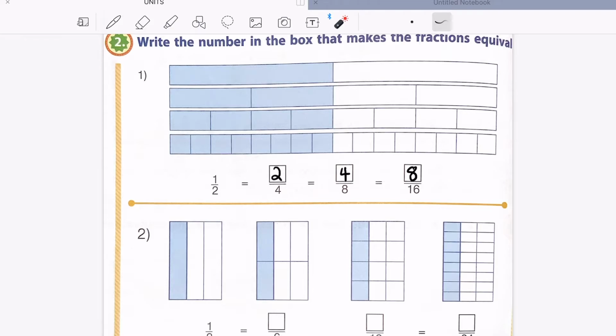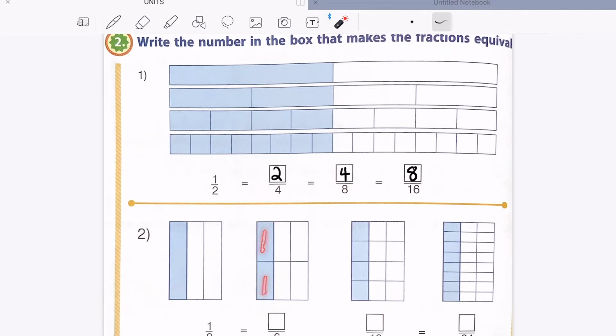Here we have number 2. We can see we have 1/3. 3 parts, and 1 is colored in. So we write 1/3. Then next is 6. We see 1, 2, 3, 4, 5, 6, and 2 colored parts.